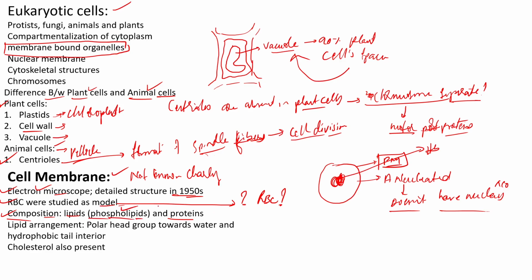Now in the case of lipids, you find an important lipid called the phospholipid. So let us discuss the phospholipid a bit. It is an important constituent of the membrane. The phospholipid is a very interesting molecule. Why? Because the phospholipid has both hydrophilic property and also hydrophobic property.